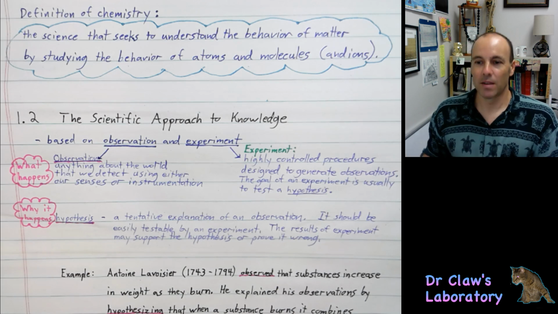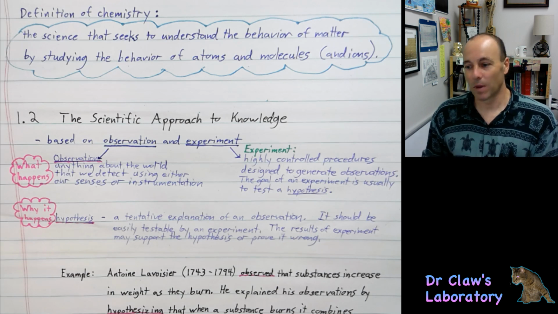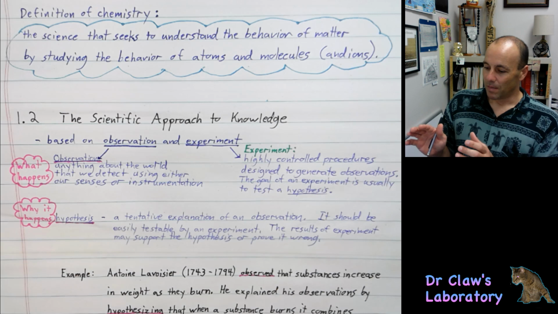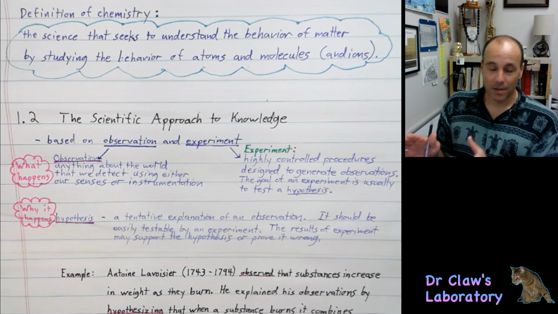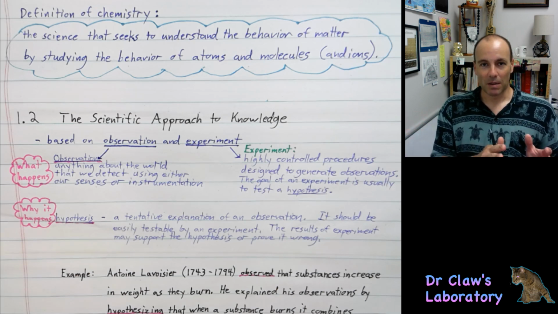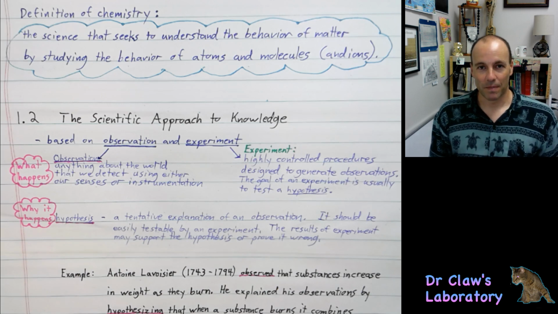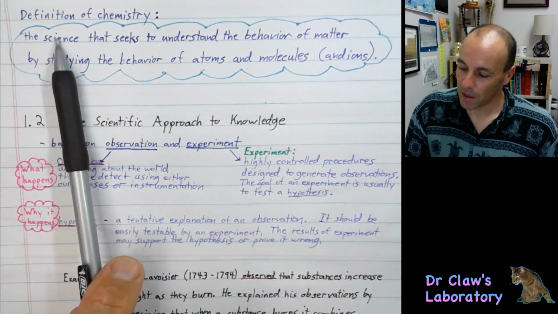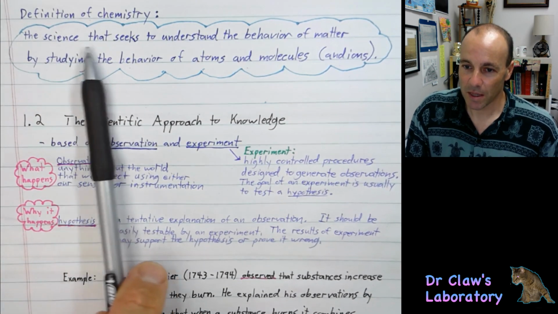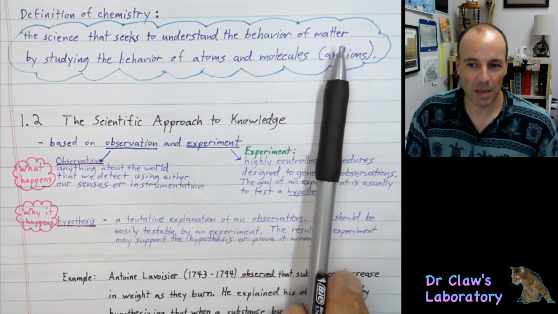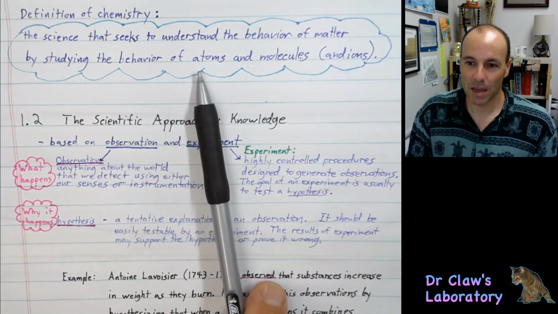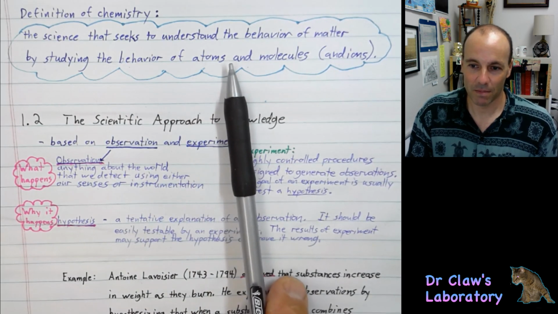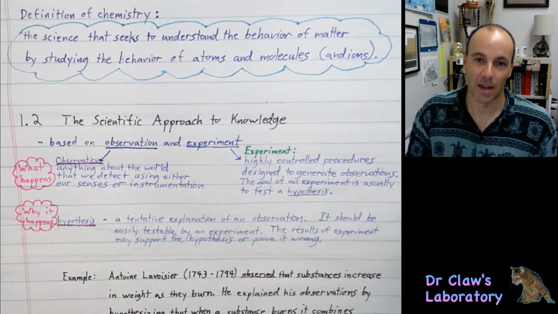And we'll be looking at this throughout the semester. Okay? If you want to know about the properties of matter, why don't you look at the properties of the tiny particles it's composed of? And that's really what we do in chemistry. A good definition of chemistry is it's the science that seeks to understand the behavior of matter by studying behavior of its particles, which are atoms and molecules and ions.